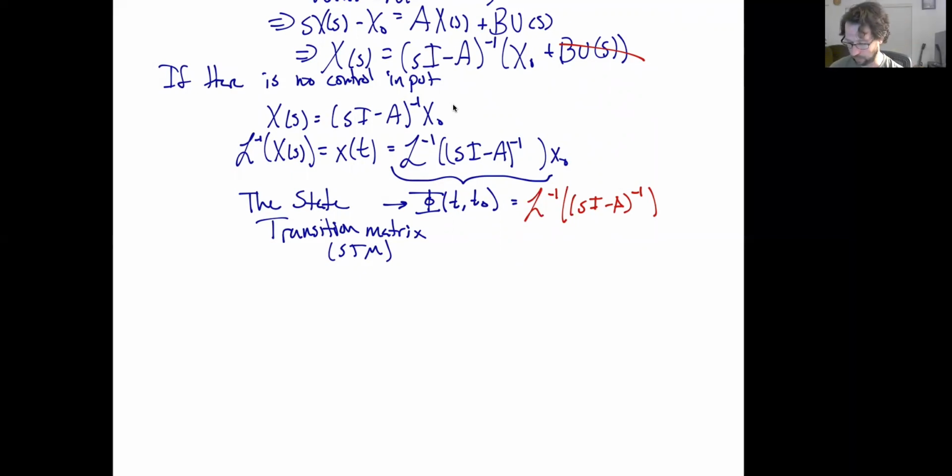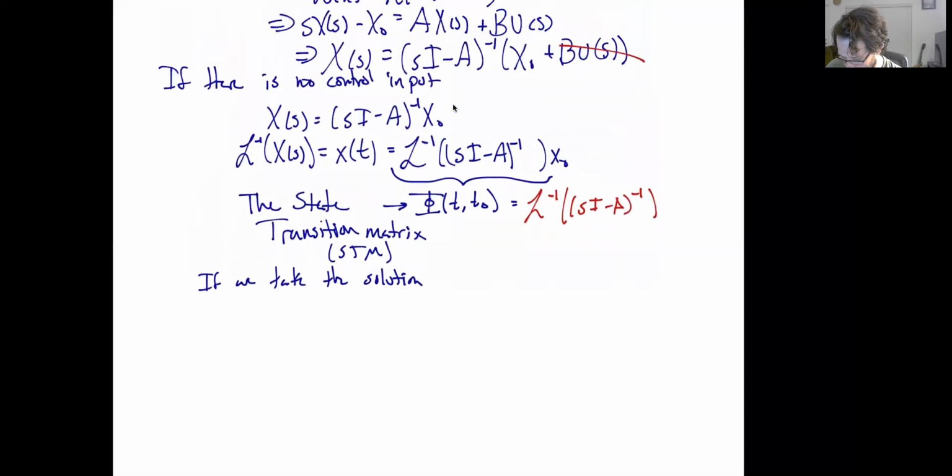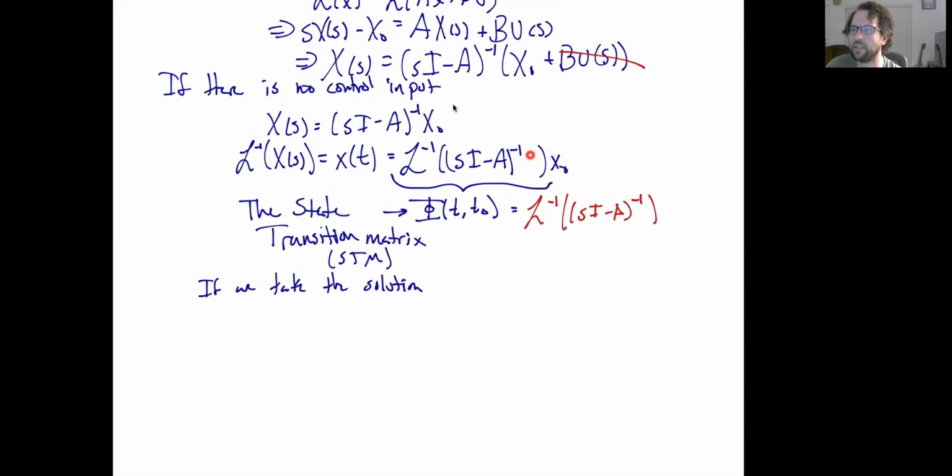And so if we take the STM, note that this is now a solution, right? So now we have x of t is dependent on this state transition matrix times its initial condition.